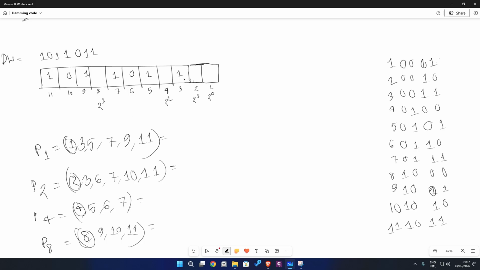So in the 3rd position we are getting 1, so writing 1, then it will be in XOR form. In the 5th position we are getting 1, in the 7th position 1, in the 9th position 1 again, and in the 11th position we got 1.